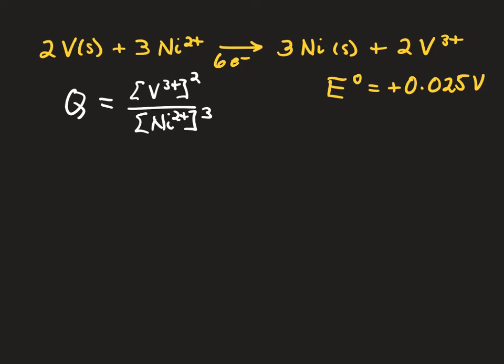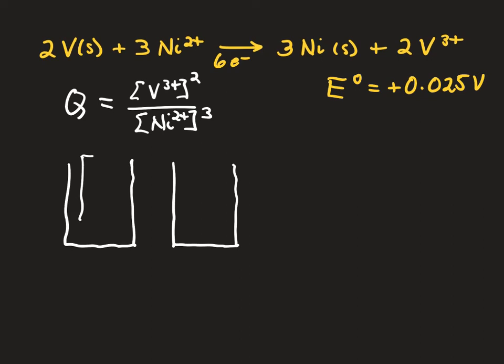So let's imagine that we set up a couple of electrochemical cells like we've been talking about, where we have our vanadium on the oxidation side and our nickel on the reduction side.